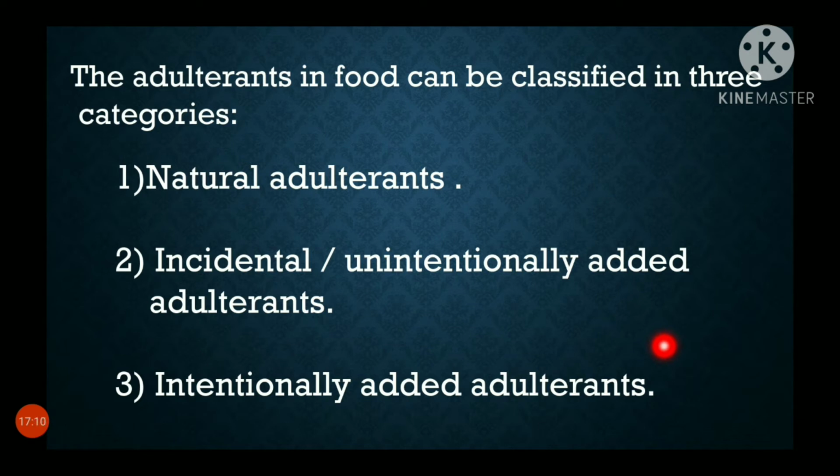Still they will be frying and we will be eating that. It is very good. But we don't know when it is going inside our body, it is affecting our health. That is intentionally, wantedly they are doing that. Accidentally, that is unintentionally. Naturally, the nature will be adding, or by mistake from nature it will come to the food. How, we will see.